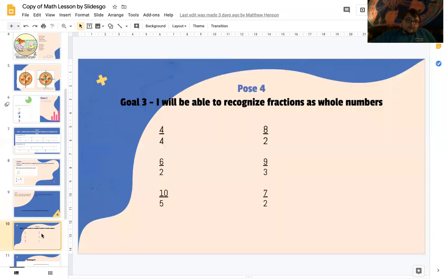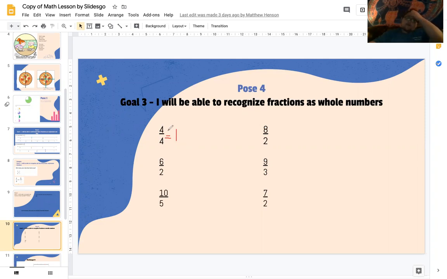And then this is the last part of this video. This is recognizing fractions as whole numbers. So this is actually quite easy itself as well, because when you see that a numerator and denominator are the same, like 4/4, we always know that's 1.